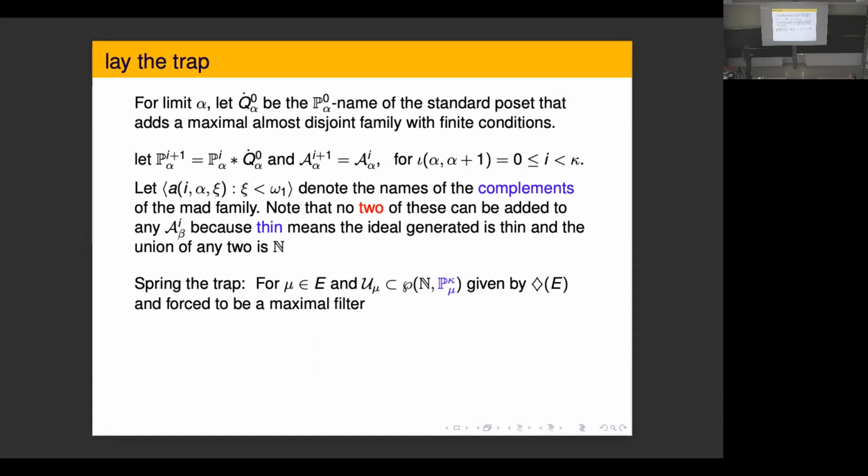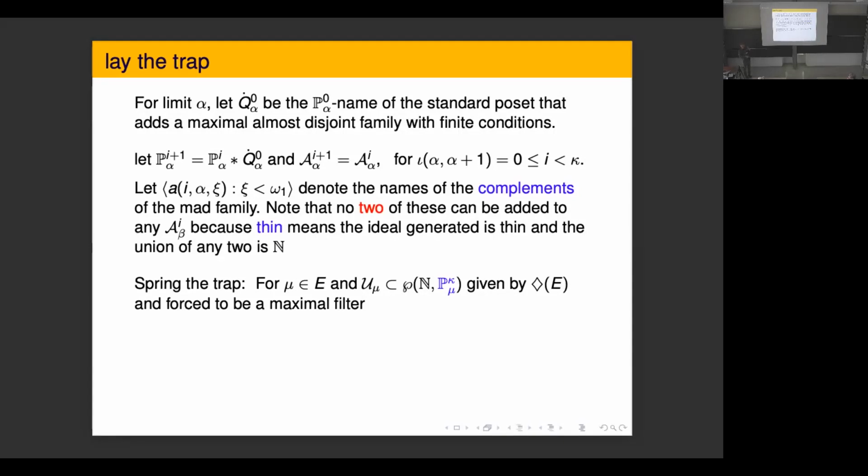You have this omega-1 size family, and the ultrafilter cannot contain more than one of the complements, right? So if you have an ultrafilter, you cannot have more than one of those almost disjoint members. So one forces there is an ordinal below omega-1 that the ultrafilter does contain that guy.